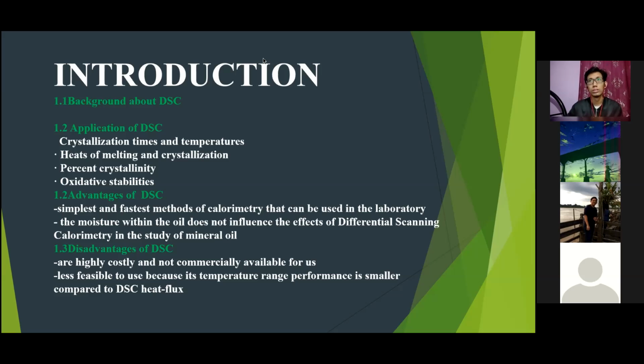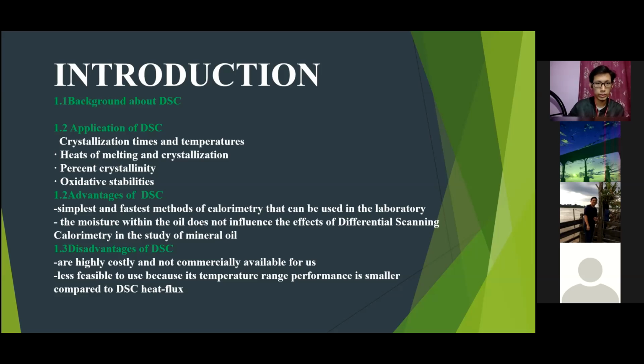Next will be the advantages of DSC. One of the benefits of DSC is that, because it relies on heat measurement, it can be used in measuring biomolecular stability without requiring an optically transparent sample, and stability can be defined by the native biomolecule. The next one is that DSC is the simplest and fastest method of calorimetry that can be used in the laboratory.